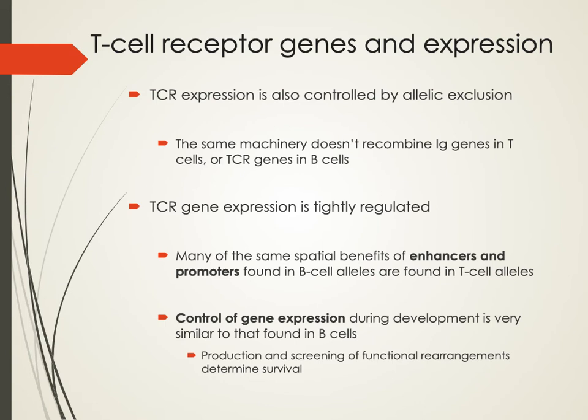They're also found in T cell alleles. We also control gene expression during development, very similar to B cells, where we see a pre-T cell receptor, and then whether it gets produced, production in the screening looks for functional rearrangements, and that determines whether the cell will end up surviving or not.